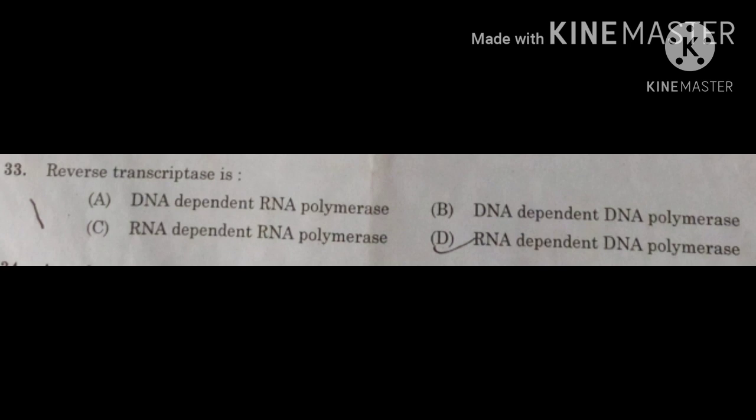So the key enzyme of DNA replication is DNA dependent DNA polymerase. Once again, remember: the key enzyme of transcription is DNA dependent RNA polymerase. The key enzyme of reverse transcription is RNA dependent DNA polymerase. The key enzyme of DNA replication is DNA dependent DNA polymerase.